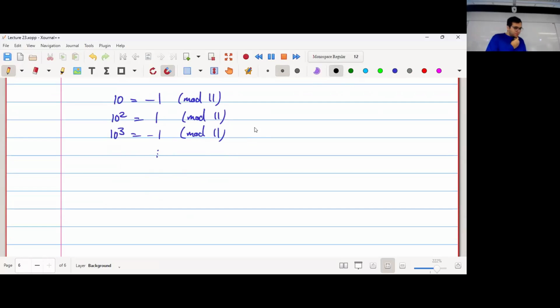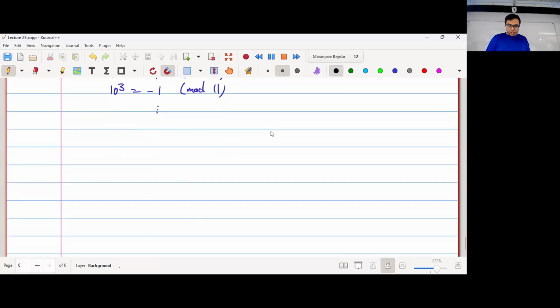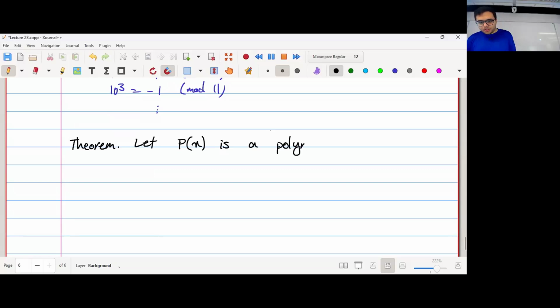Now, what else can we do? Okay, so I can actually extend this to any polynomial, right? So I can have this theorem. Suppose that P of x is a polynomial, and here I mean a polynomial with integer coefficients.